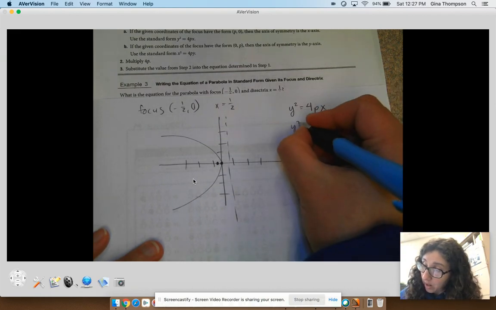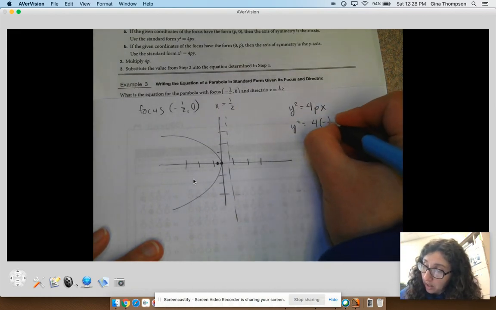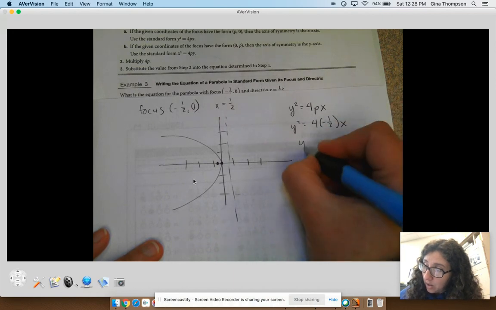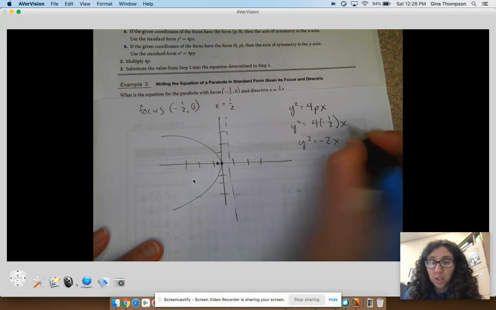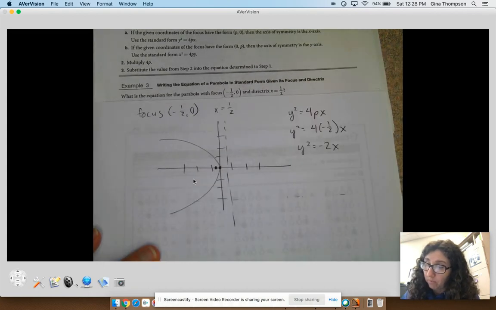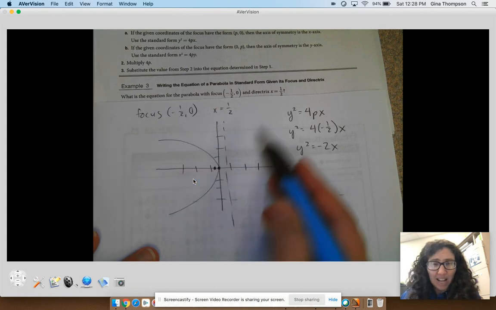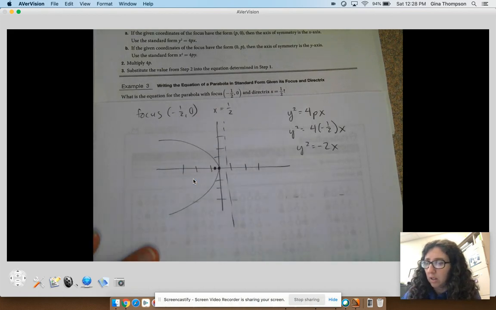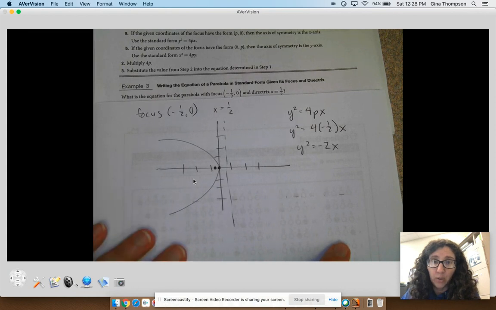So y squared equals 4 times negative 1/2 times x. So y squared equals negative 2x. That'll be our equation. So I find it much easier to just kind of graph things out to get a sense of what's going on, instead of just looking at those points and trying to imagine it.